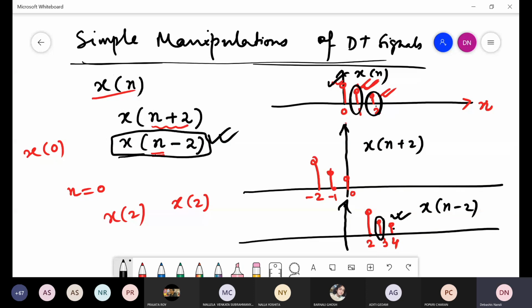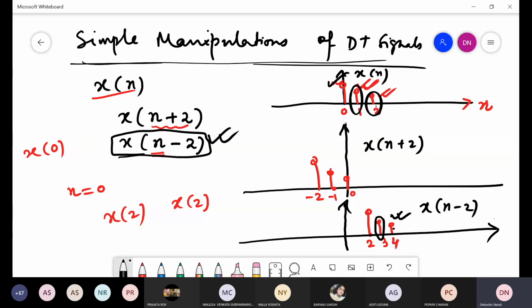This is nothing but a shifting of the signal, keeping the shape of the signal the same. The signal shape is the same, but the signal is translated only along the n axis, either to the right hand side of the vertical axis or towards the left hand side.